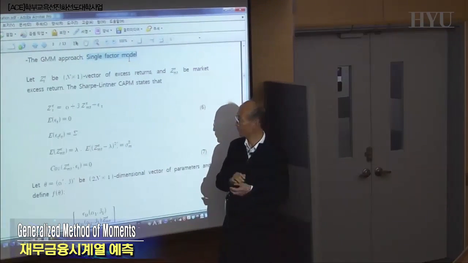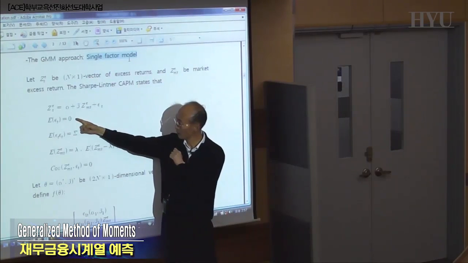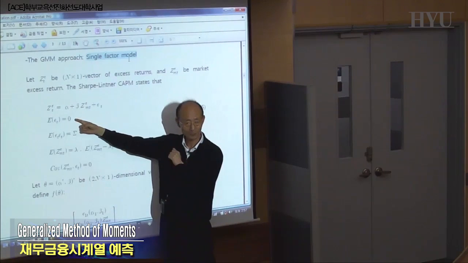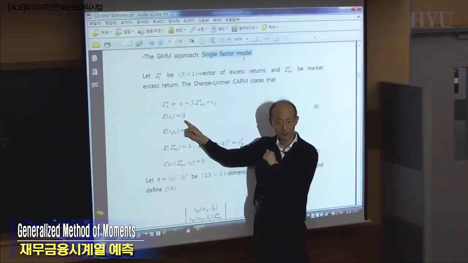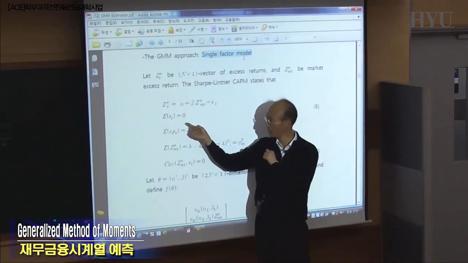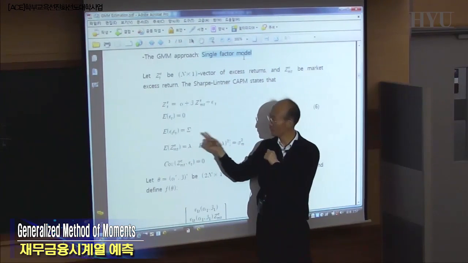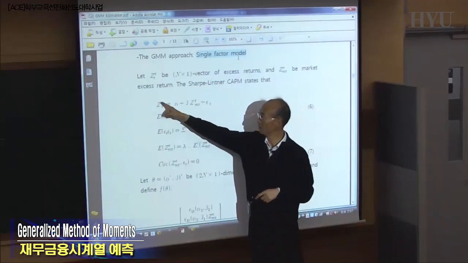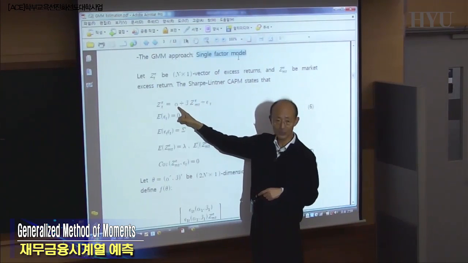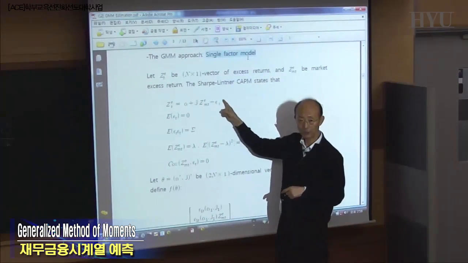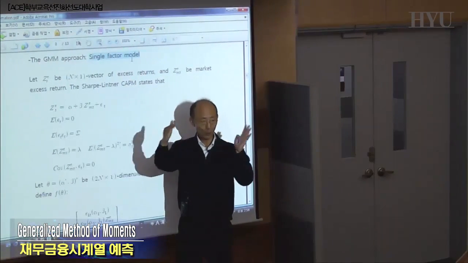So as you've seen from the previous simple context, this is one of the moment conditions. The average is 0. That's the first moment condition assumption. This could be another moment condition, right? Because if you run a regression of the individual one on that, including a constant term, you can calculate this, right? So if you have all those epsilon sequences, you can calculate the covariance matrix.